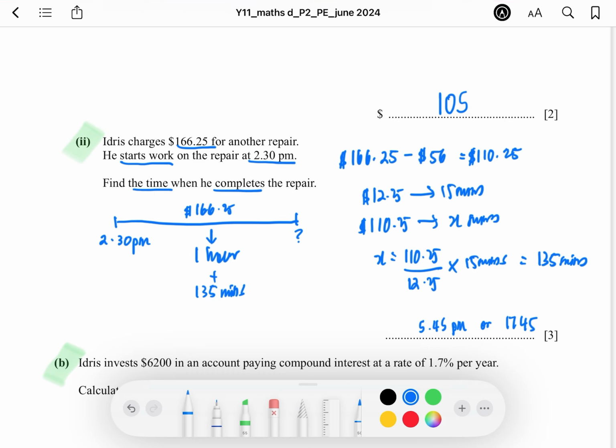In order to find the ending time from the starting time, you add 2, time button, 30, time button, and then 1 hour: 1, time button, 0, time button, and then for 135 minutes: 0, time button and 135, time button. In that order, and then you press equal to and you should get 5:45.